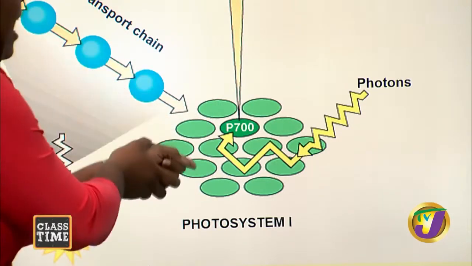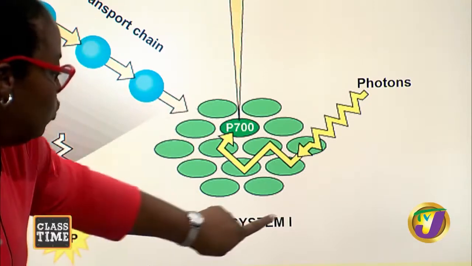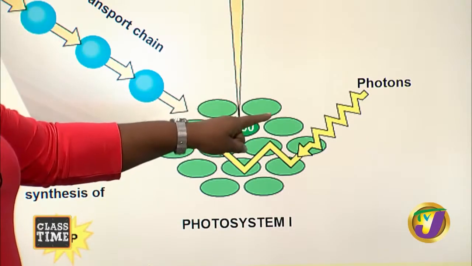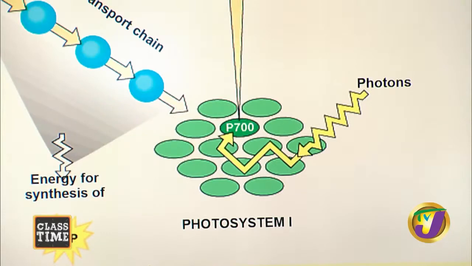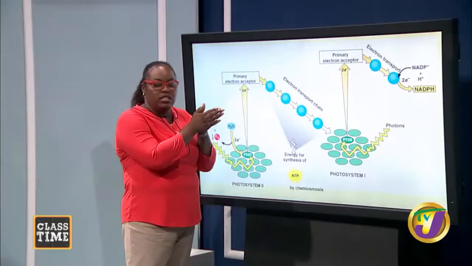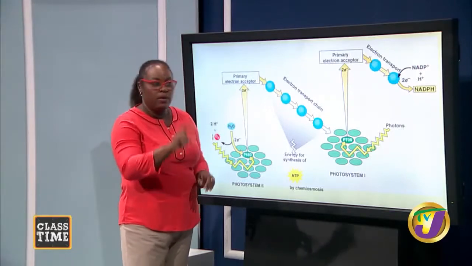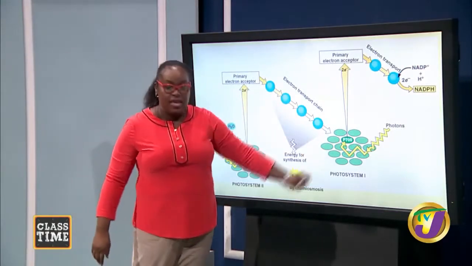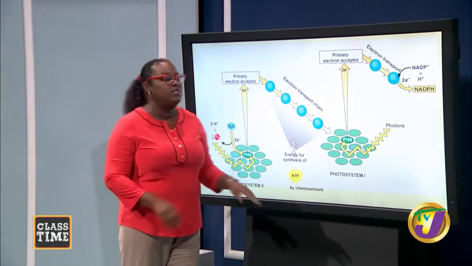Now, the chlorophyll A at this reaction center of photosystem 1 is called P700. So I want you to notice, P680 is the reaction center for photosystem 2. P700 is the reaction center for photosystem 1.